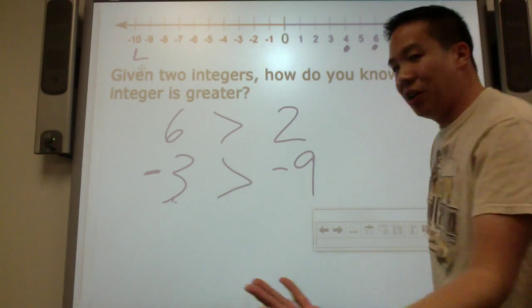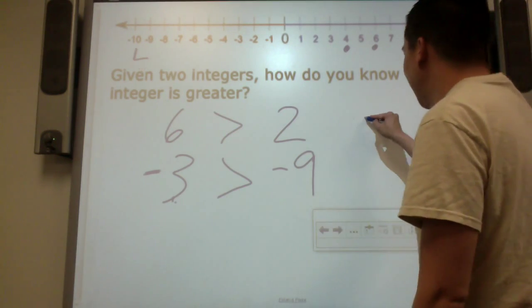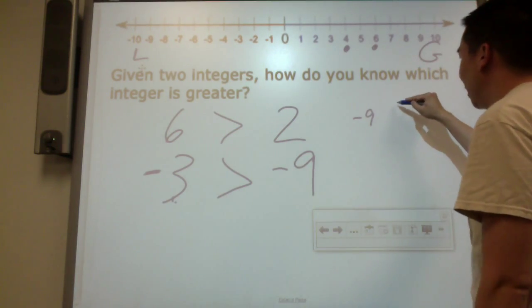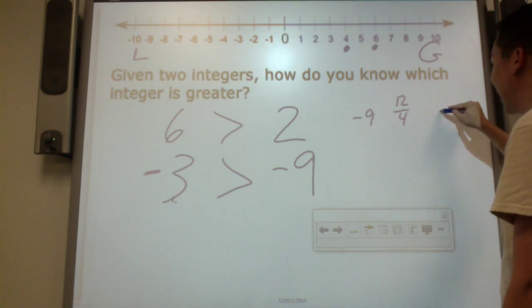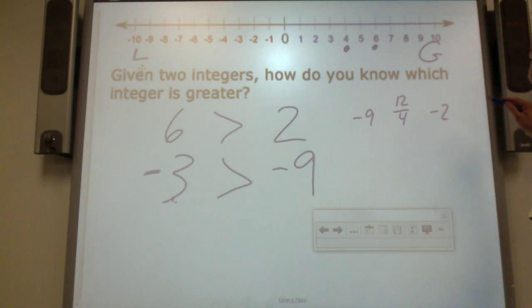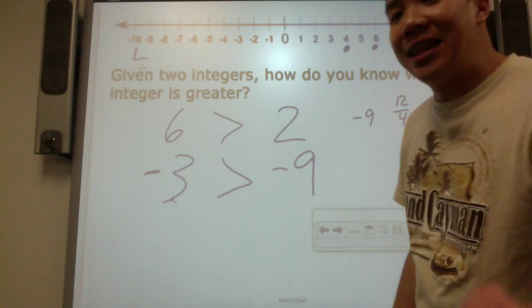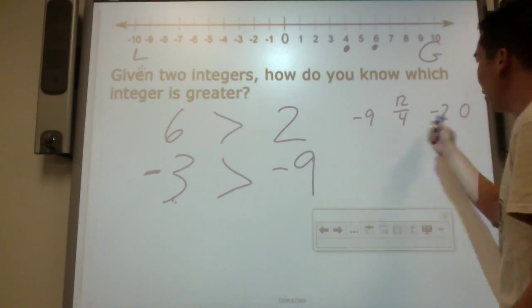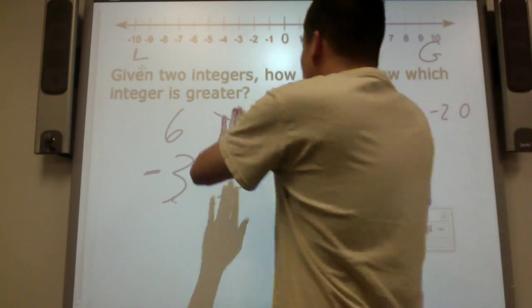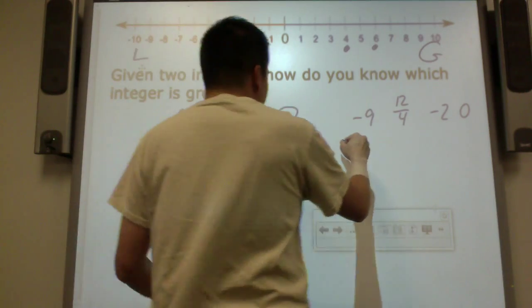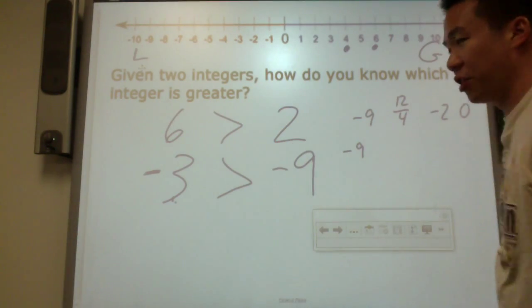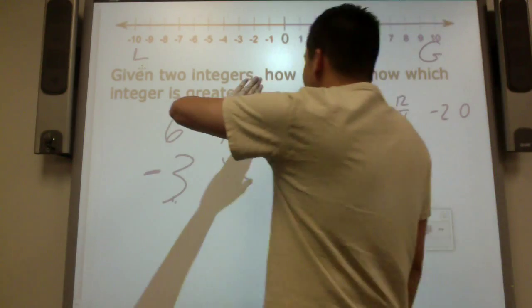If I give you 4 integers like -9, 12/4, -2, and the integer 0, and I asked you to put them from least to greatest, how would you write this? Let's look at your number line. You know a number line goes from least to greatest, so -9 is the farthest from the surface, the deep end.